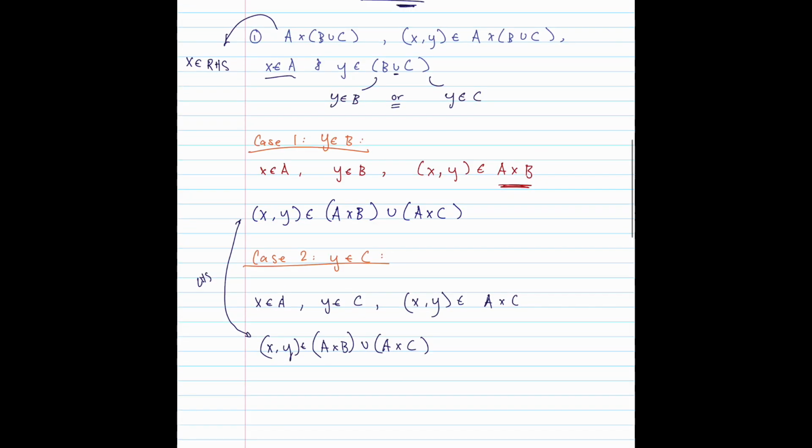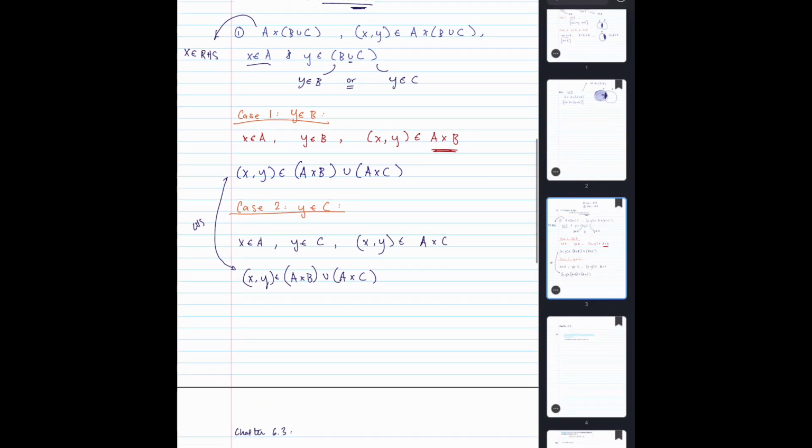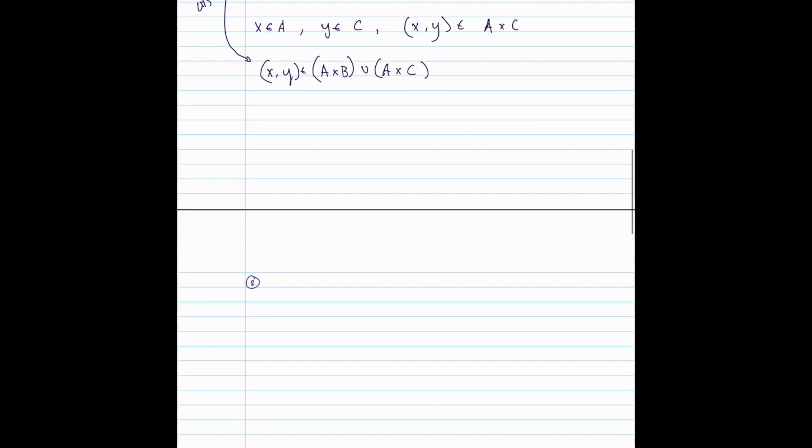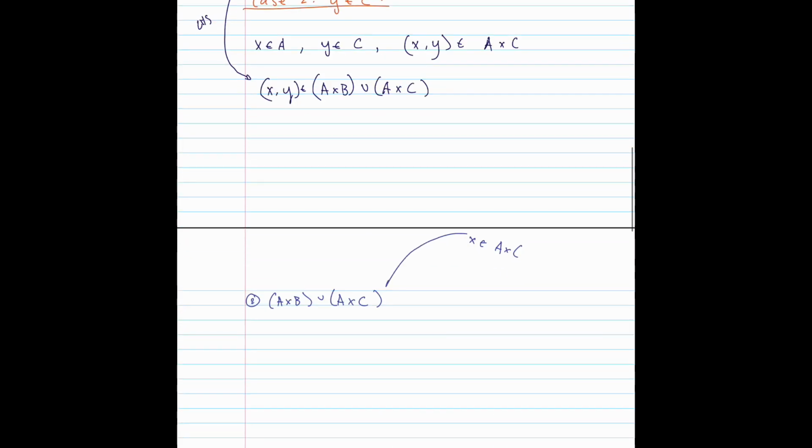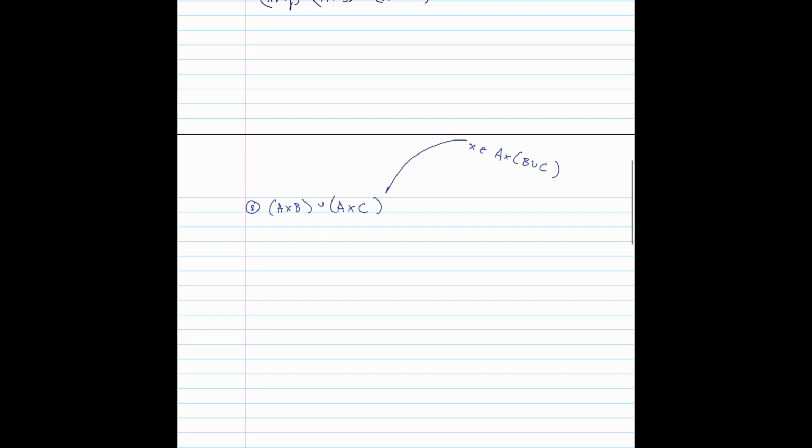So now let's do the right-hand side. So now we want to prove that X is an element of A times B union C. Since there's a union here, we break this into cases once again.